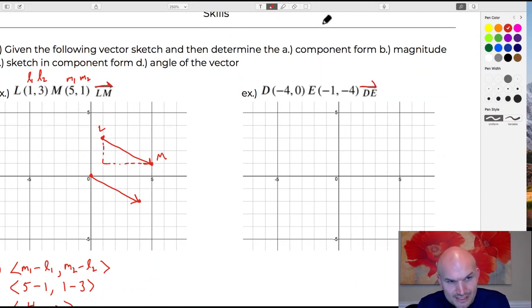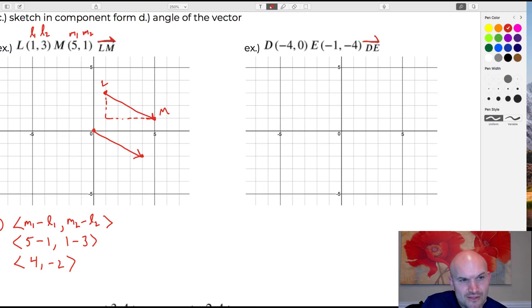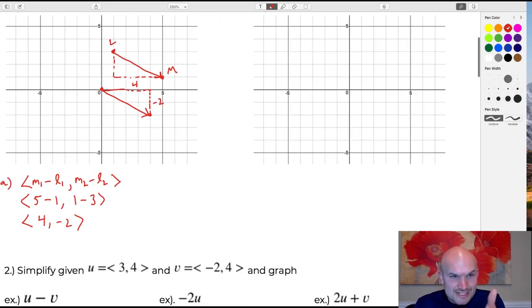Now, you could figure out the length here because you can see I kind of created a triangle. But we could recreate that same triangle right here. And you can basically just count the squares, 1, 2, 3, 4, and then you can do negative 2. So obviously you can see that those sides of the squares are basically your two components.